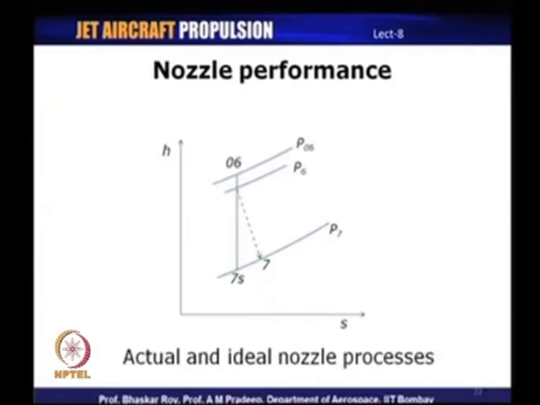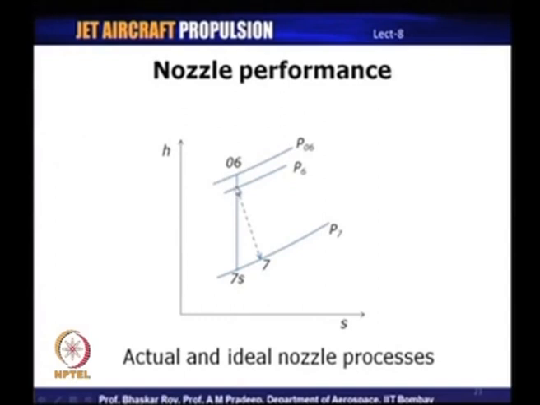This will be clear if you look at this enthalpy-entropy diagram, or the equivalent temperature-entropy diagram. T06, or H06, corresponds to the nozzle entry conditions, right here, on the pressure line P06. And this expands all the way up to 7, that is the nozzle exit static condition. P7 is the nozzle exit static pressure line.